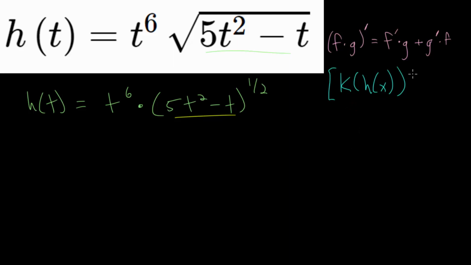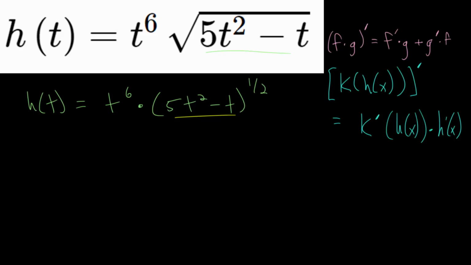When we take the derivative of this composite function, we take the derivative of the outer function while leaving the inner function the same, and then we multiply by the derivative of the inner function. And this right here is just what we call the chain rule. So we need to use the product rule and the chain rule in this derivative here.